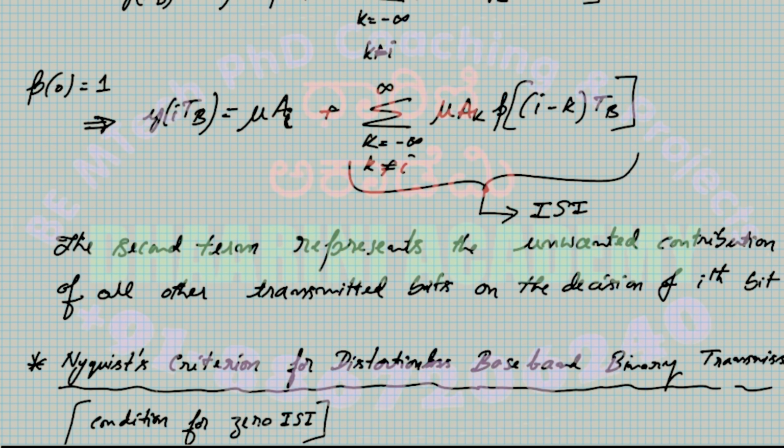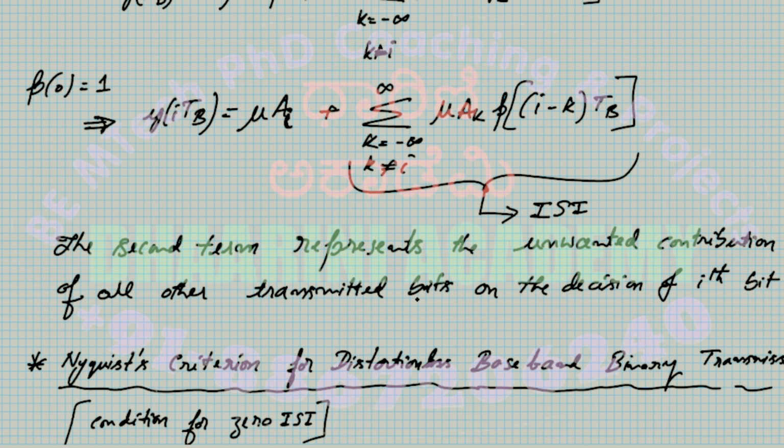So we write one sentence below this saying that the second term represents the unwanted contribution of all the other transmitted symbols or transmitted bits. That's because i is not equal to k, right? k equal to i means the current symbol you are receiving is the same current symbol that was sent.